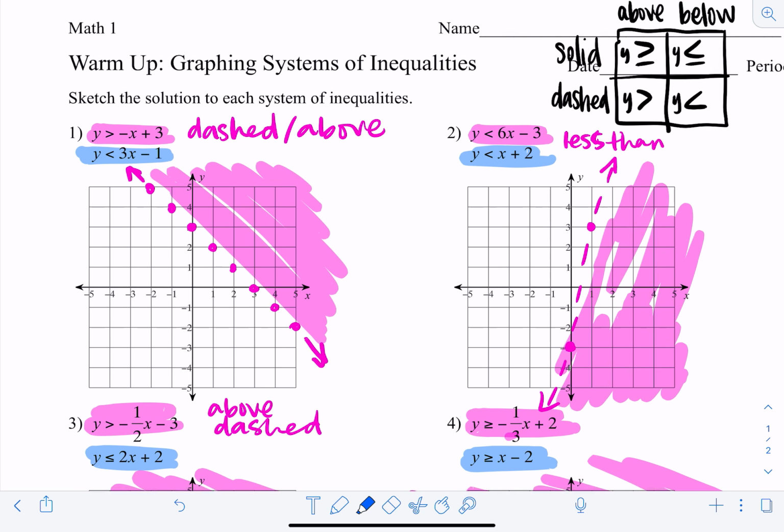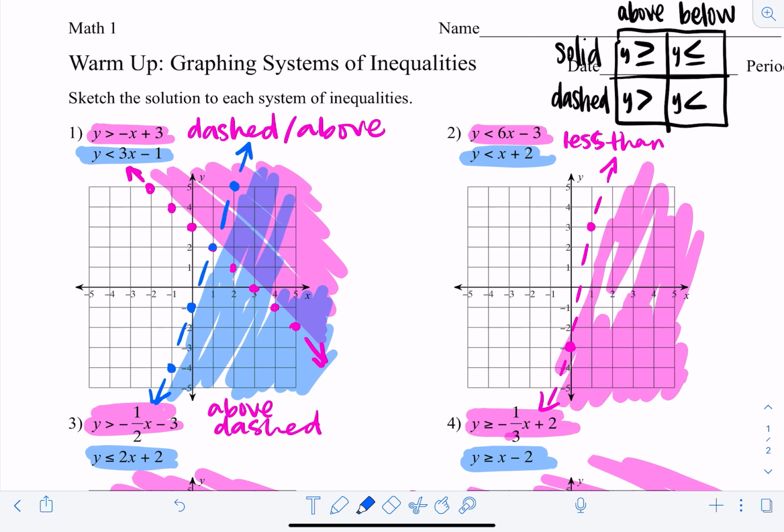It's going to be dashed, so we first graph the line. We start with -1. Our slope is 3. So 1, 2, 3 over 1. Here it is. It's dashed as well. And then it's less than, which would mean we're shading here.